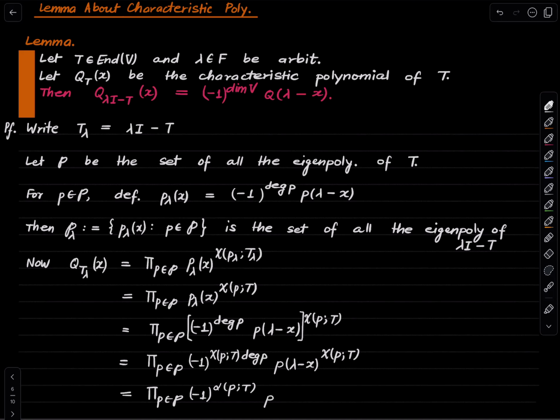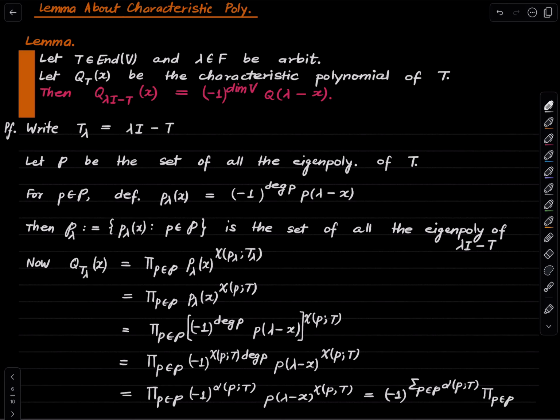This thing is equal to minus 1 to the power sum of the algebraic multiplicities, and then a product.